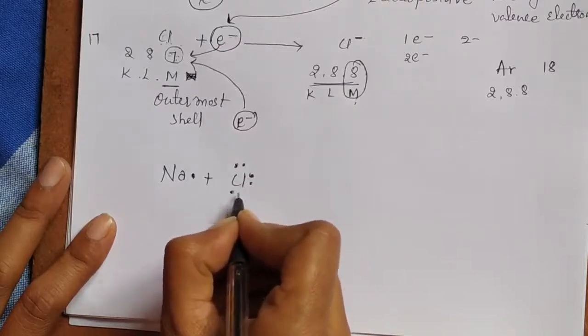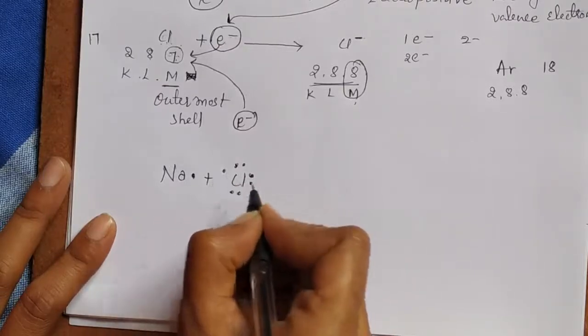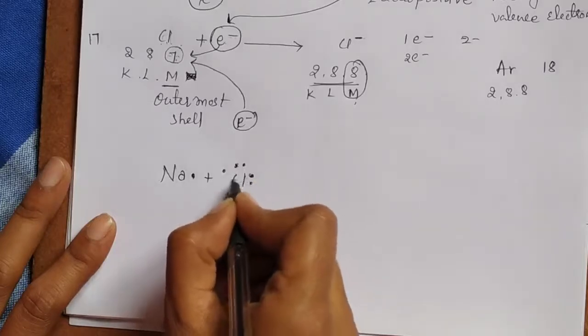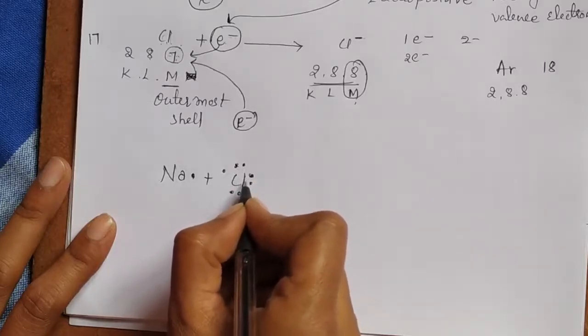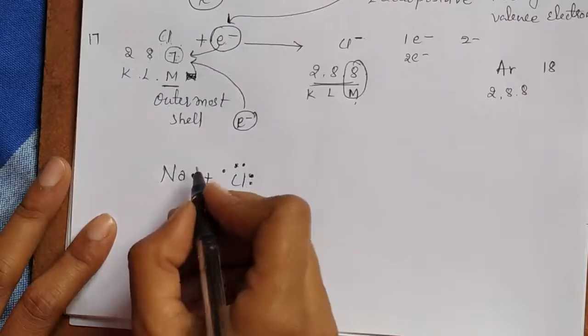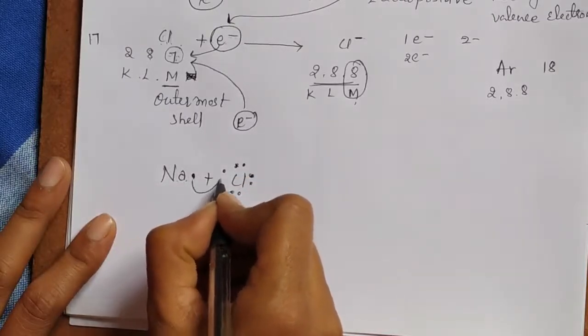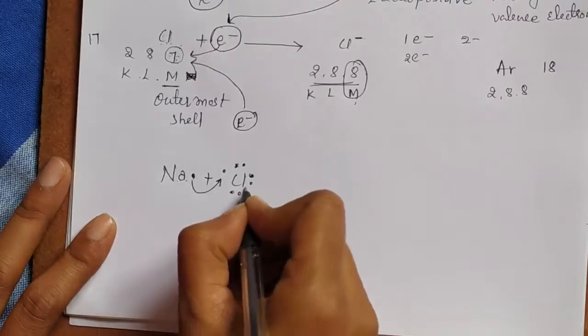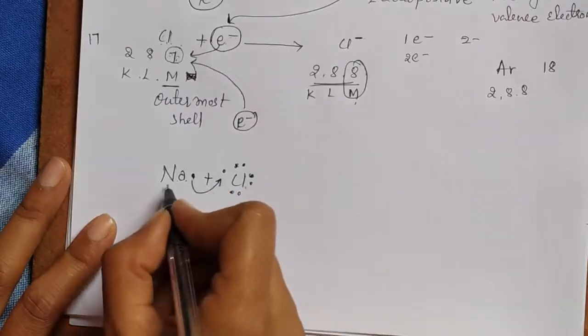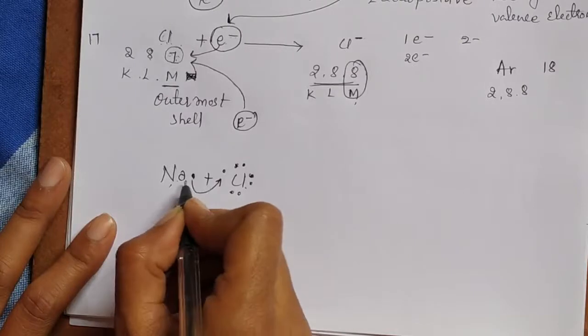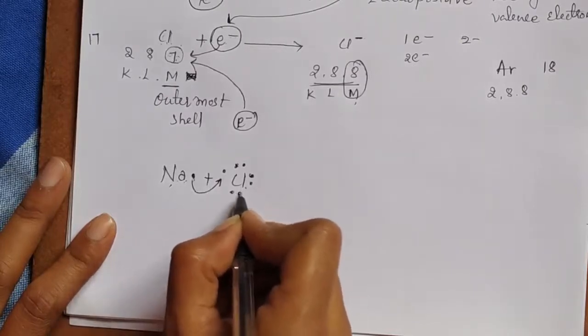That's why I'm writing 7 dots around this chlorine symbol. Okay, so see here, this sodium atom will give its electron to chlorine. This sodium atom loses 1 electron. That lost electron is gained by chlorine.